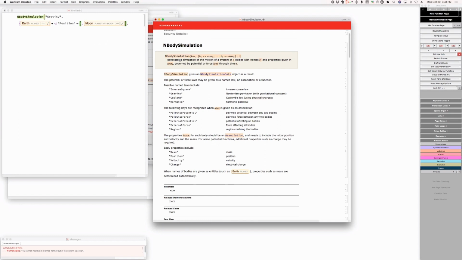It's a simulation of the motion of a system of n bodies governed by the specified potential or force law over the course of time, over an interval of time t, over a length of time t.